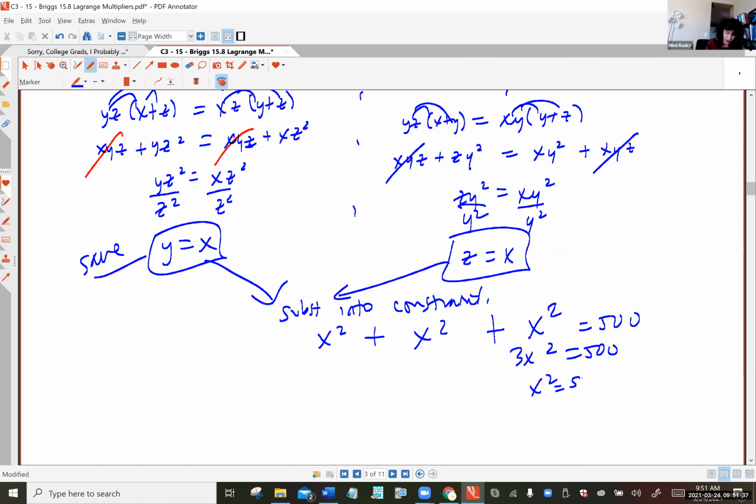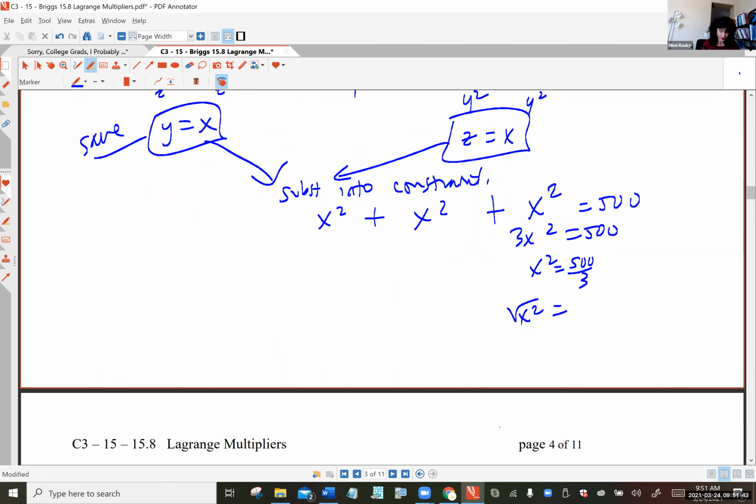x squared is 500 thirds. Wonderful. Now, normally when I square root both sides, what do I like to see? Plus or minus. Plus or minus, but we are going to throw out the negative in this case. Well, how come? Because let's face it, I don't want a negative dimension for my box, since this is a real life problem.